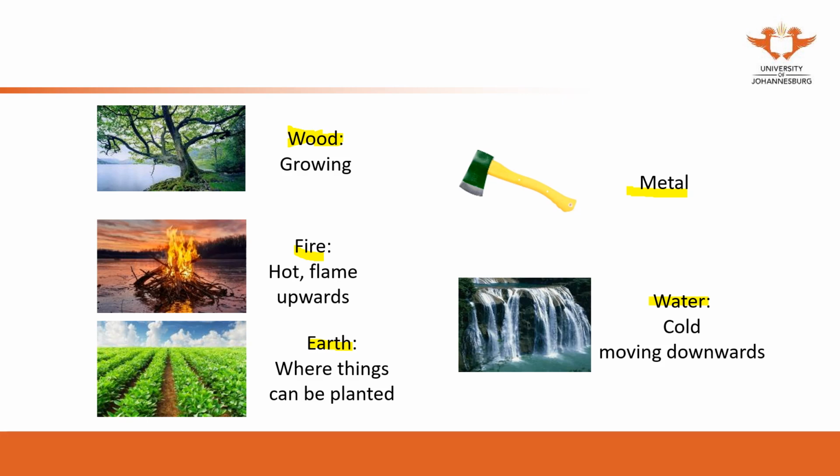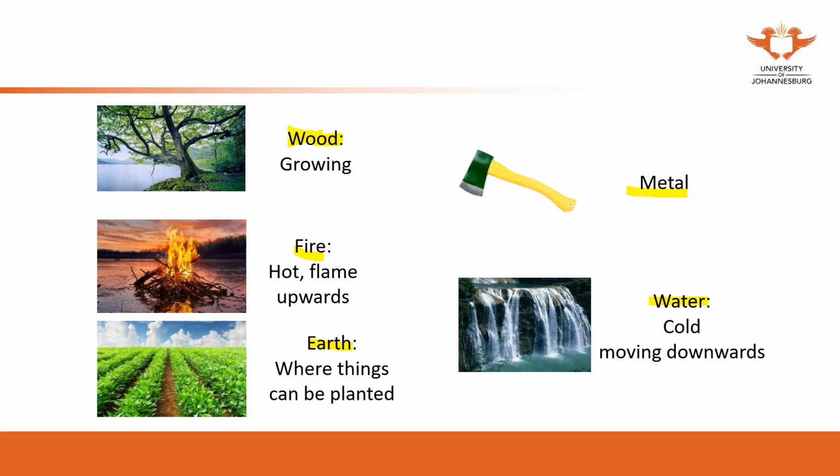We plant the plants in the soil, in the earth, so everything can grow from here. Everything can get nutrition from the soil. Anything that can supply nutrition, we put into the category of the earth.